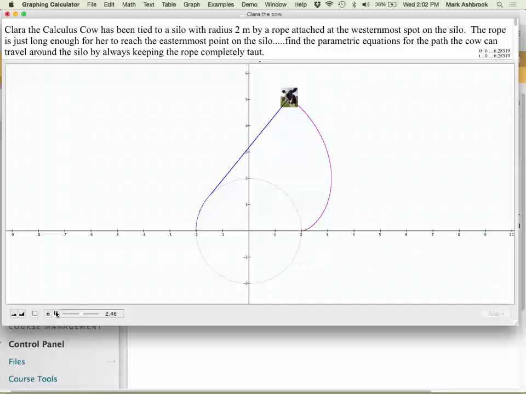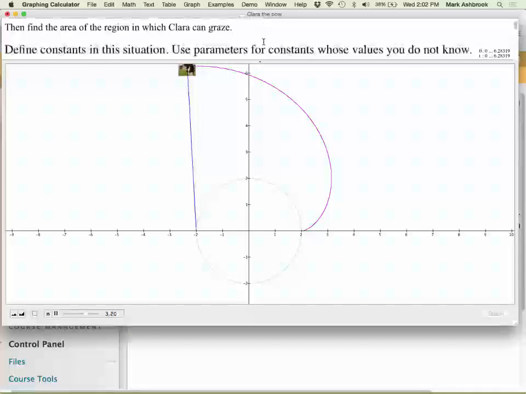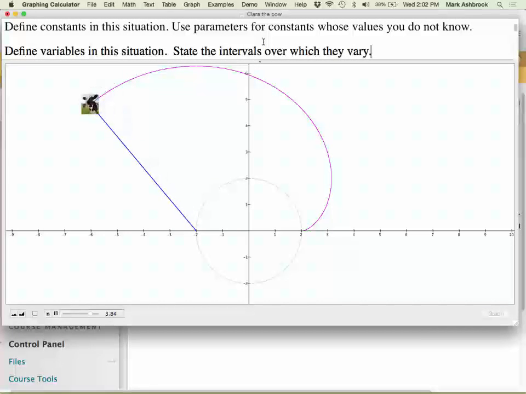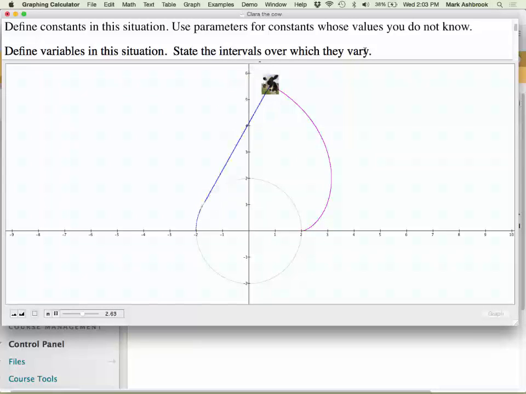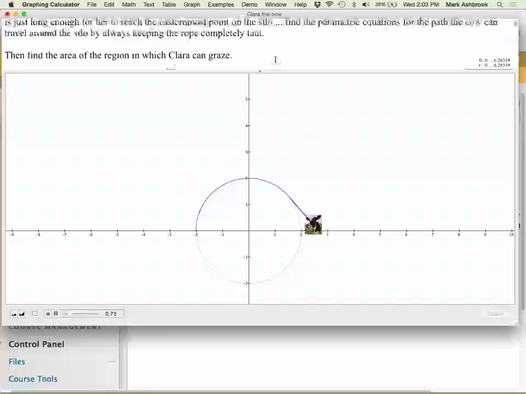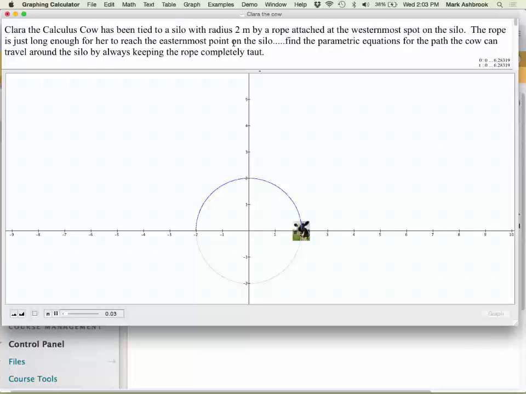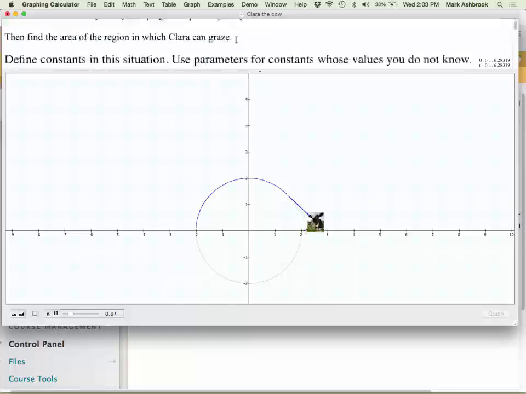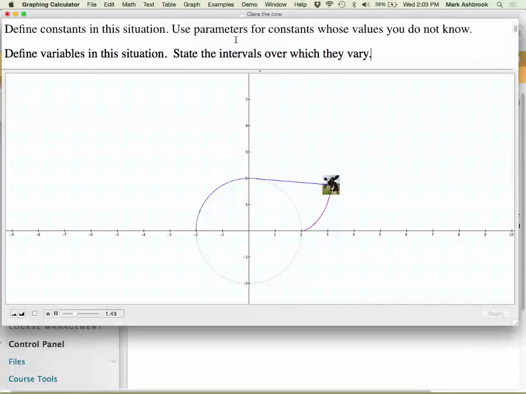So what we want to do is just take a couple minutes, define constants in this situation, and use parameters for constants whose values we do not know, and then define variables in the situation. State the intervals over which they vary. See what we come up with. So there's lots to talk about here. So again, what you're given here is that the silo has a radius of 2 meters, okay? So how many constants can you come up with?